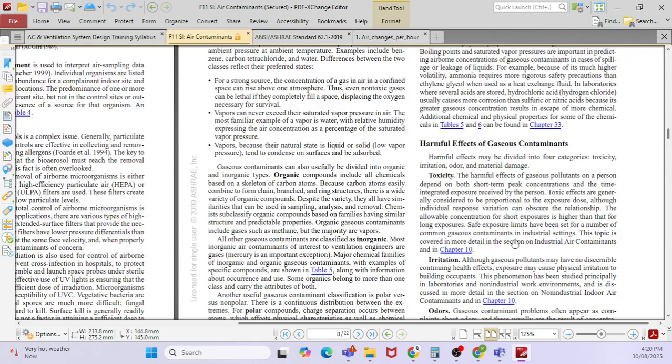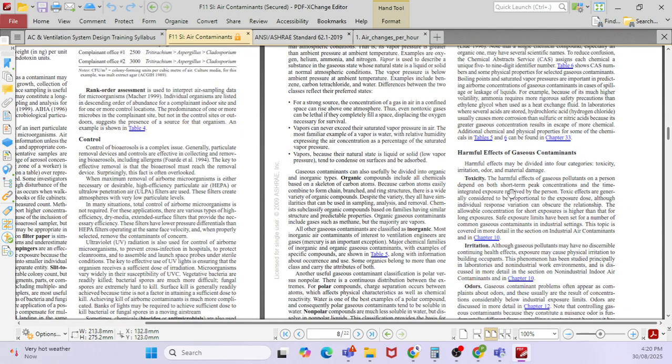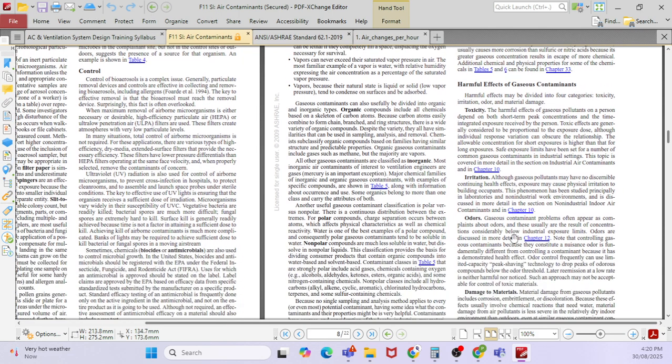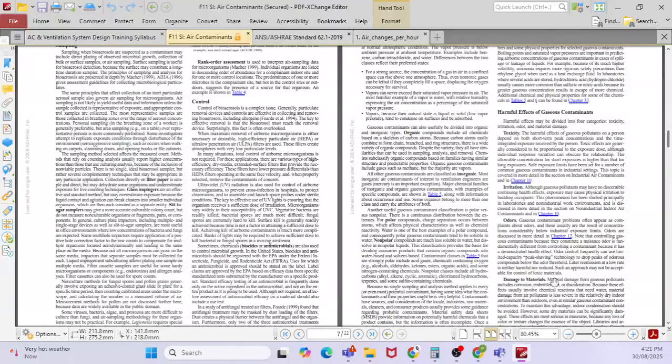What will happen when you have contamination inside? When you don't have fresh air inside, what problems will happen? So you can say that there are irritations, bad smell, and damage to materials if you don't have proper fresh air.